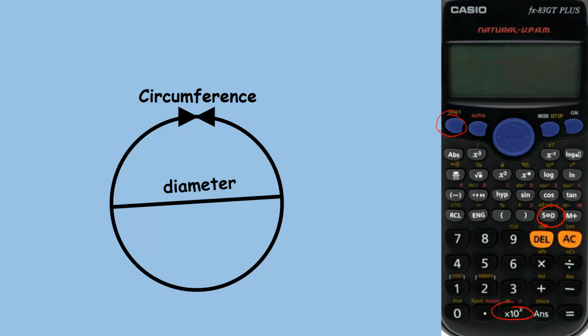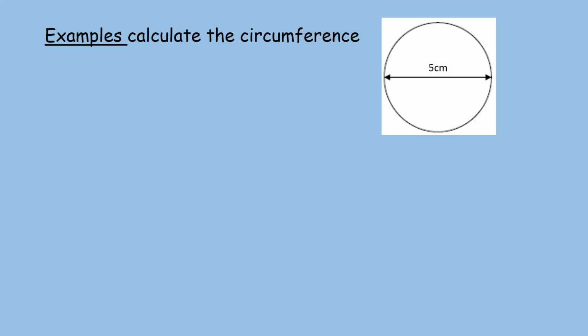So let's have a look at a couple of examples. So side heading examples. What would be the circumference of this circle? So let's remember our circumference, C, is equal to pi multiplied by D, our diameter. So we've got pi multiplied by 5. So we've got a diameter of 5 centimeters here.